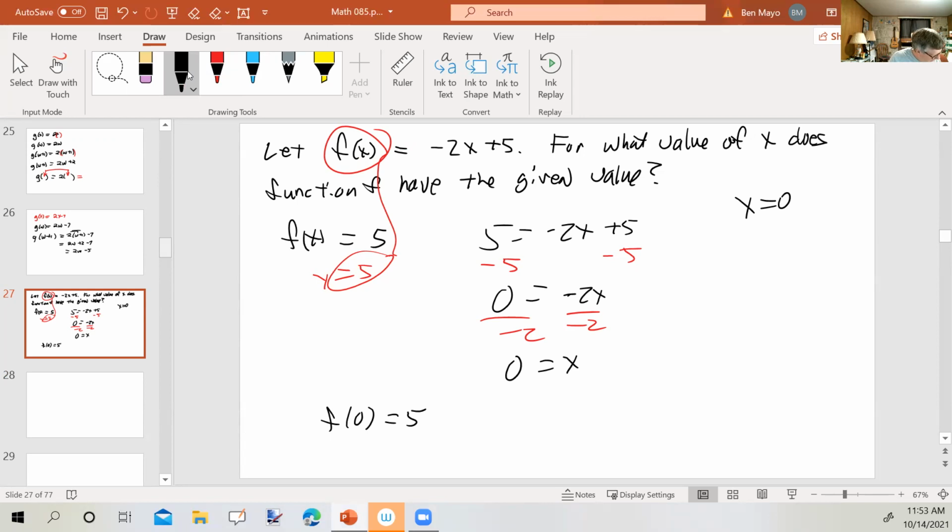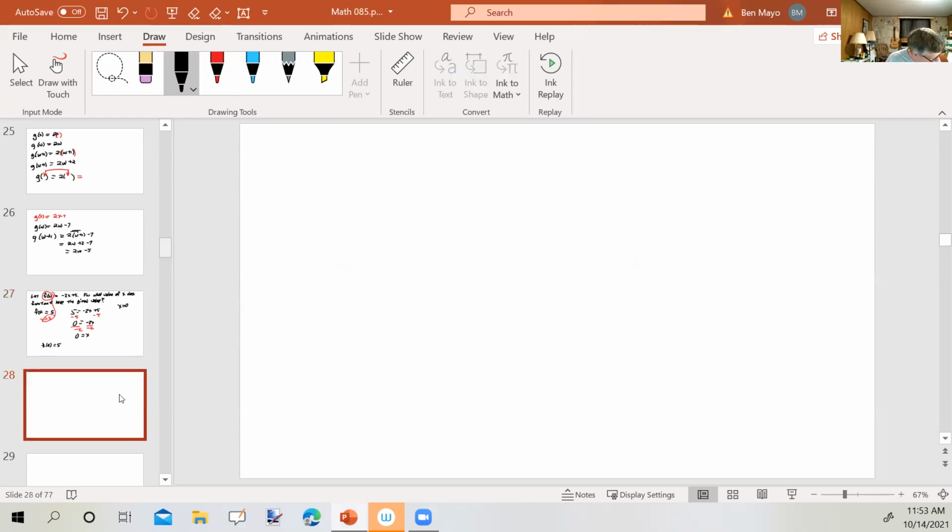Let's take a look at another one of those. Let's see here. This one says, let f of x equal 3/2 x minus 2.